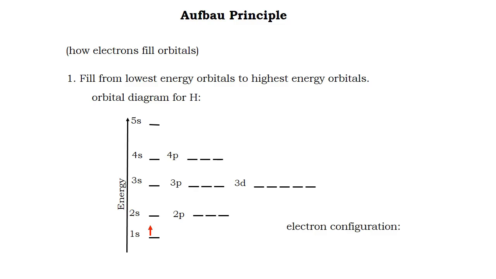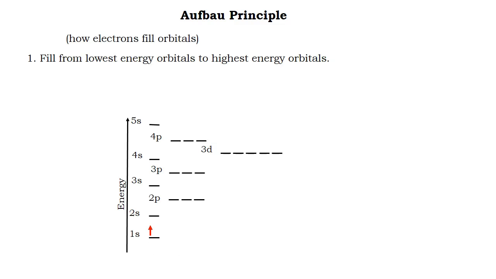It has an electron configuration where we write the orbital designation 1s, and then the superscript 1 designates that there is one electron in that orbital. So 1s is the orbital type, and then that orbital contains one electron. And you're going to account for every electron in an atom using this electron configuration.